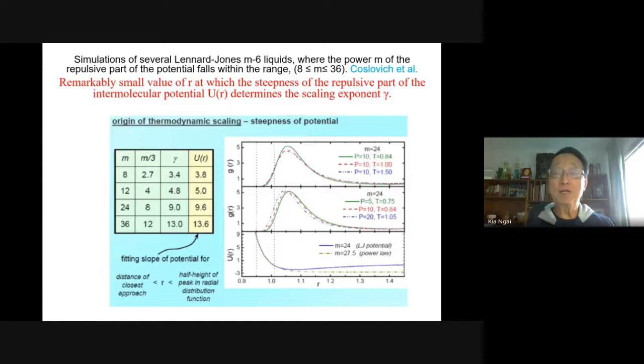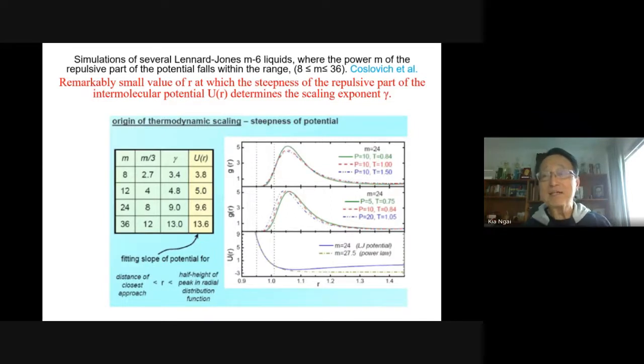They found out, on the figure on the right, look at the bottom. That gives you the actual Lennard-Jones potential with M equal 24, the line there. And then the power law, you fit the power law with 27.5, okay? You see that 27.5, you fit the power law, which is a dash line there. It fits very well over the repulsive part that's on the left side.